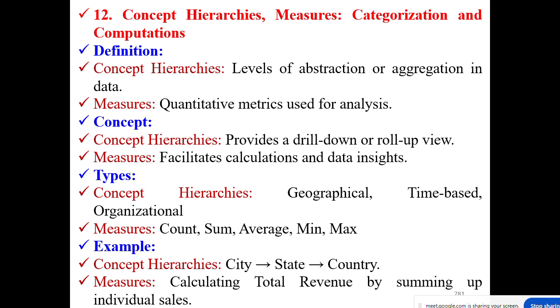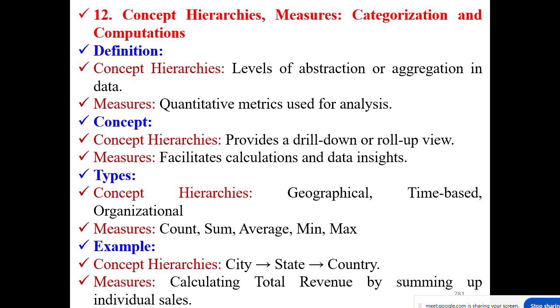Okay, great. So we are using a concept hierarchy like city, state, country. From village Tarigonda, I came to Tirupati city, state Andhra Pradesh, country India. That is called a concept hierarchy. Then what are the measures we are taking?